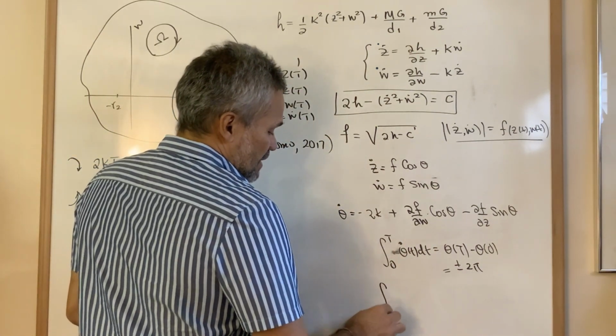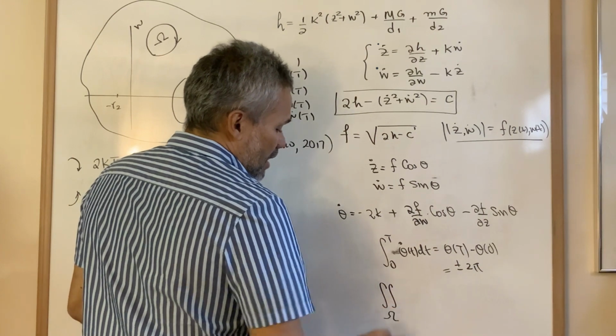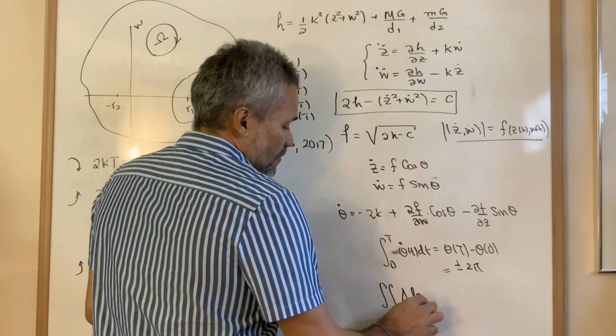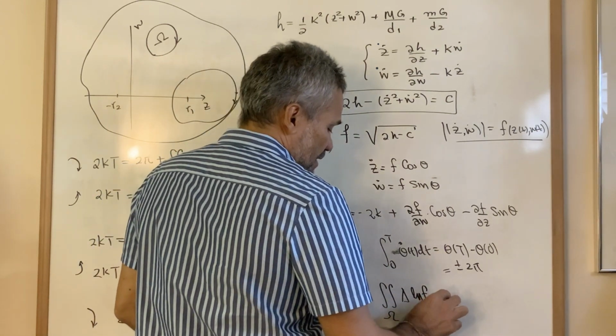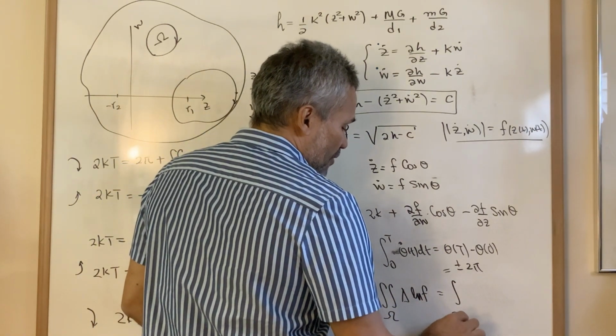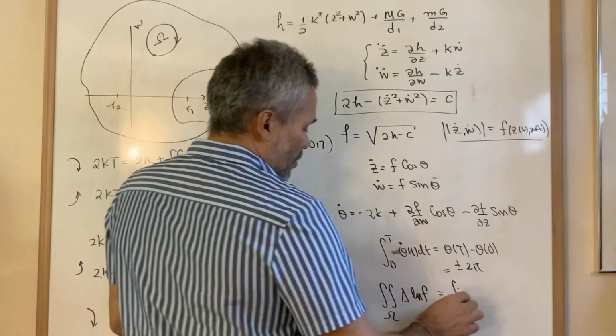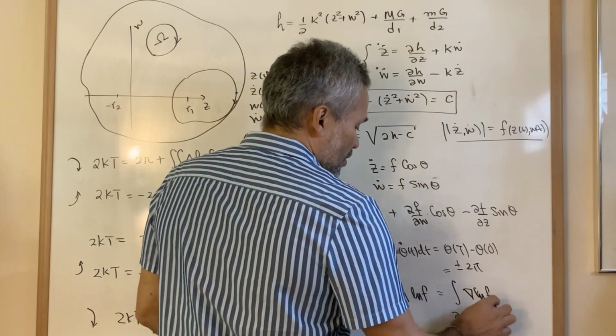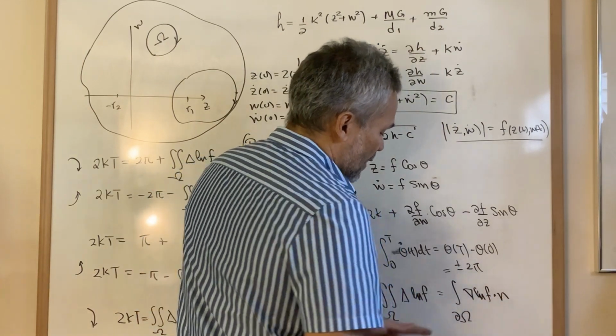Essentially, it says that the integral over omega of the Laplacian of a function is just the integral over the boundary of the gradient of natural log of f dotted with a normal vector.